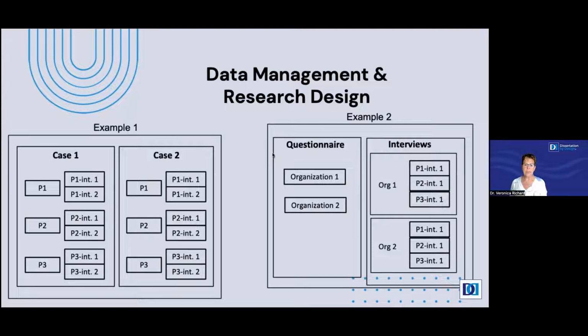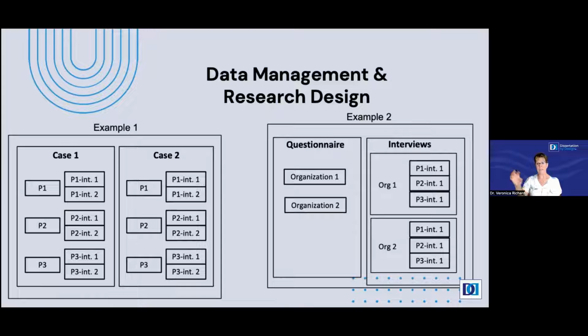So here's another example. Again, case study here. I might have 3 participants in each case and then multiple interviews. So that's organizing by the case or by the company, let's say, organization. Over here on the right, there is an organization that's about the type of data we have.